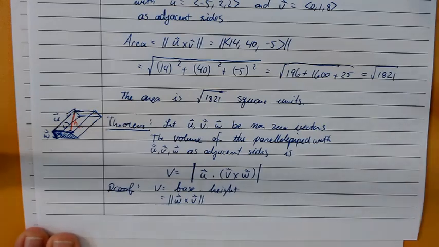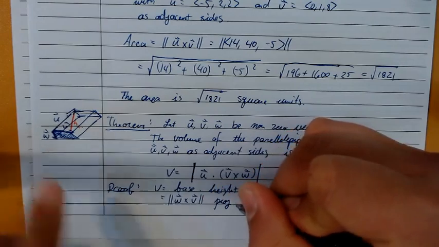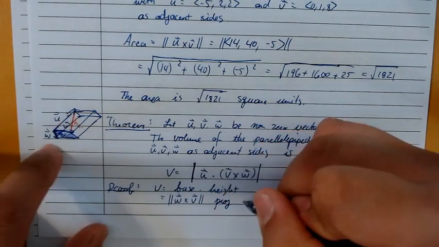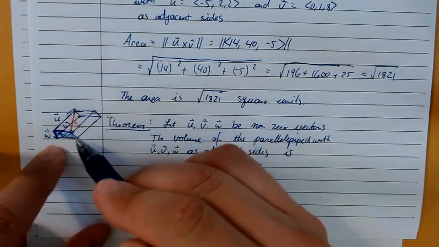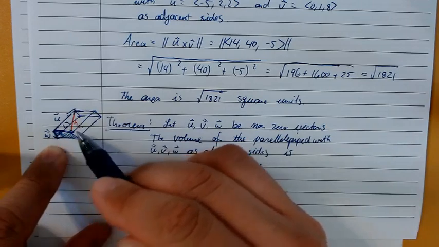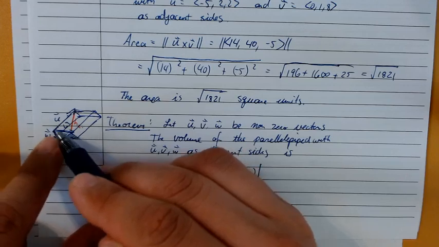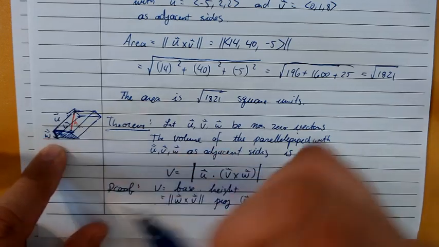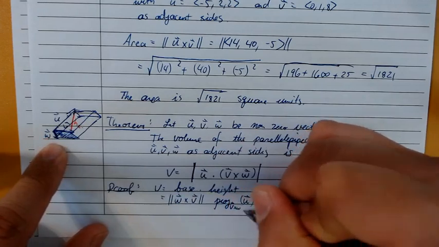So the height is going to be the projection of the vector u onto this line that's perpendicular to my base, or in other words, perpendicular to these two vectors that make up my base. Oh, okay, it's going to be the line that's the cross product of v with w, like that.